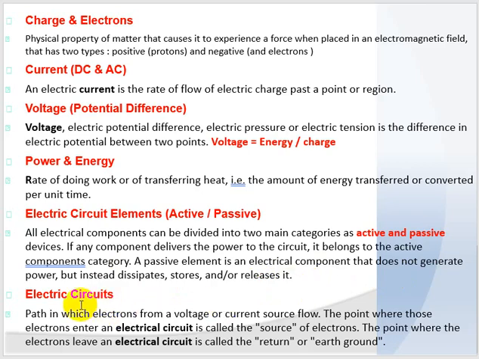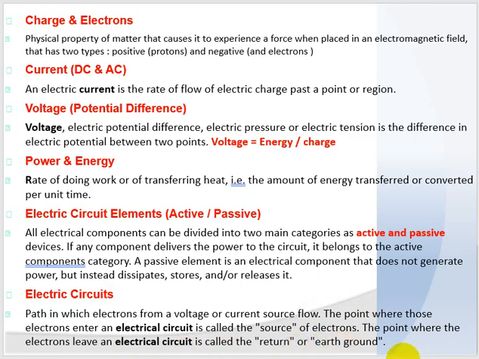Then if we define electric circuits, it is a path in which electrons from a voltage or current source flow. The point where those electrons enter the electrical circuit is called the source of electrons. The point where these electrons leave an electrical circuit is called return or earth ground.